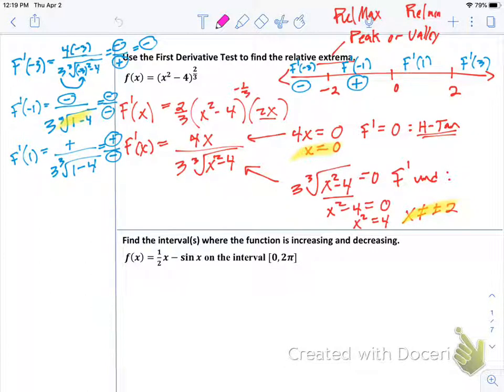So that one ends up being negative by testing 1. You can certainly put it in your calculator and get the exact value, but I want to know its sign ultimately. Feel free to take advantage of that help. And f prime of 3, our last test. Top would be positive. The bottom would be 3 squared, 9 minus 4, positive, and it'd be a positive again, so we get a positive.